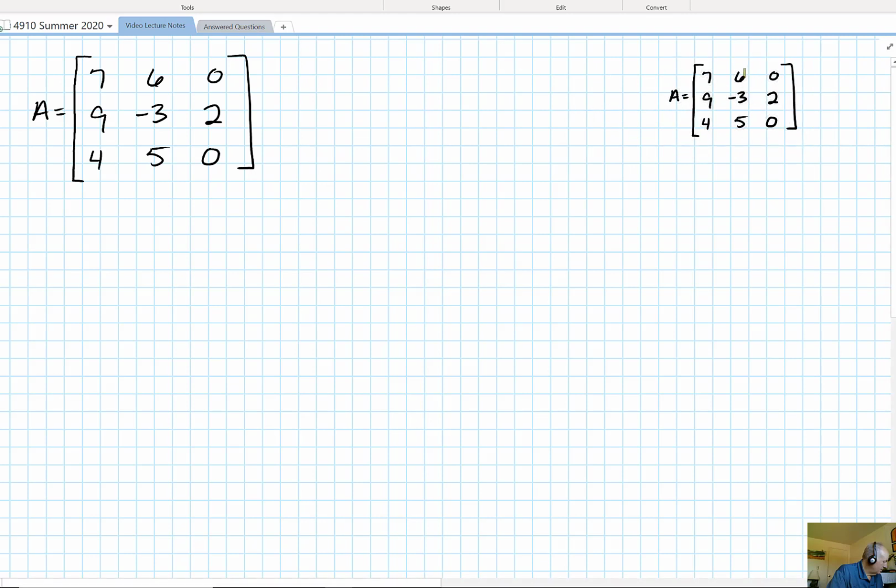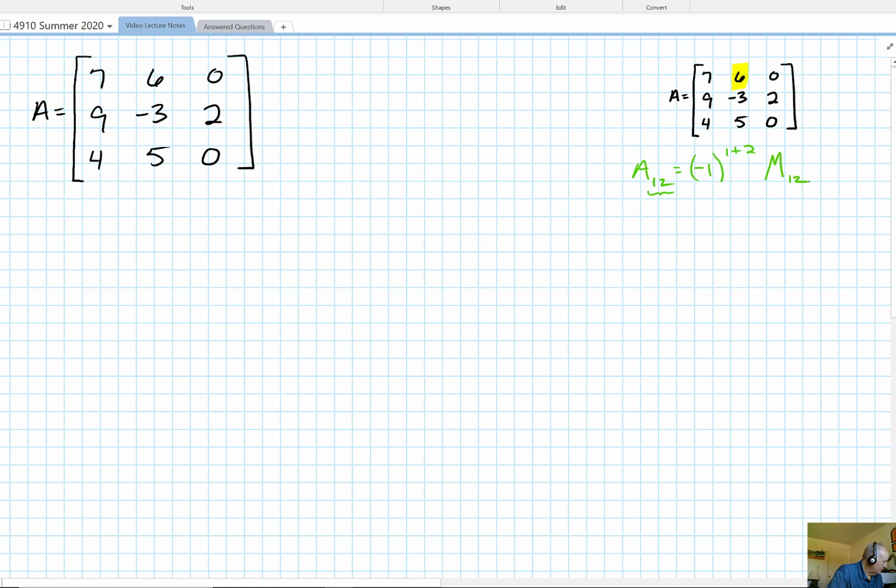Each entry, say the 2, 2, or the 1, 2 entry in this case, has a minor, and we use a 1, 2 to indicate the minor of the 1, 2 entry. And here's what it is. It's going to be -1 raised to the 1 plus 2. Now where did I get 1 plus 2? Right there. I just add the 1 and the 2 there to get that. Okay, raised to the 1 plus 2 times m sub 1, 2.